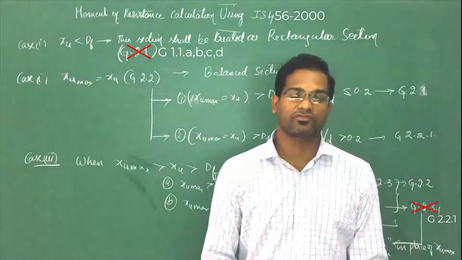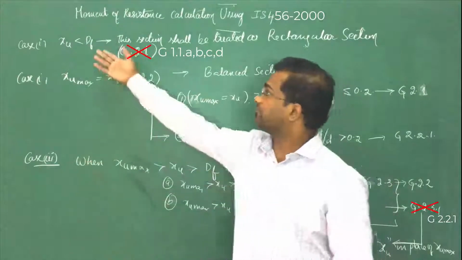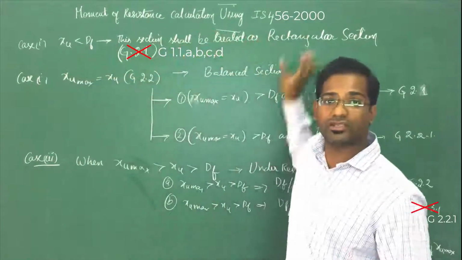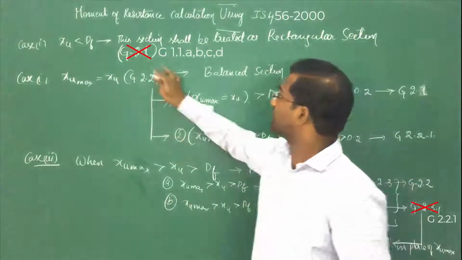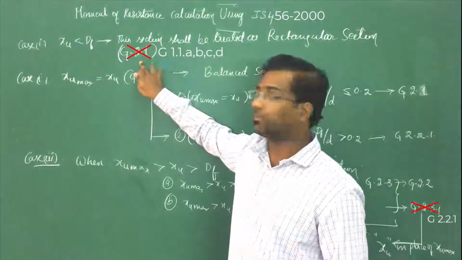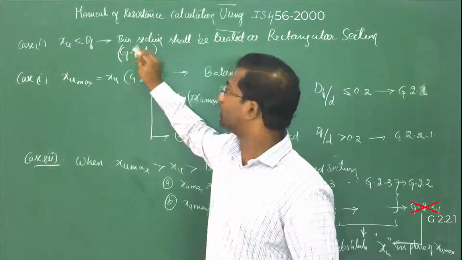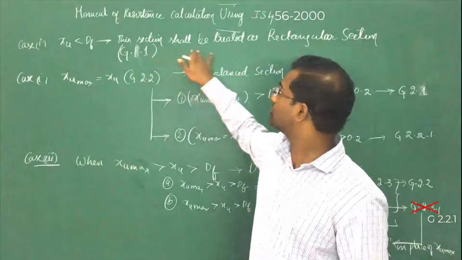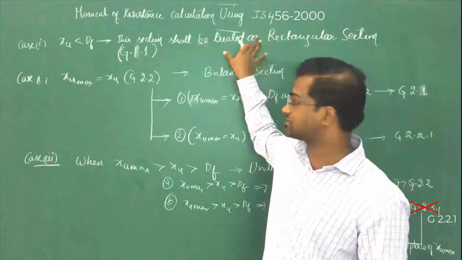In the analysis of a T-beam, if Xu is within the depth of the flange, you have to assume that it is a rectangular section, and you can use the clause number 1.1 equation in order to calculate the moment of resistance.